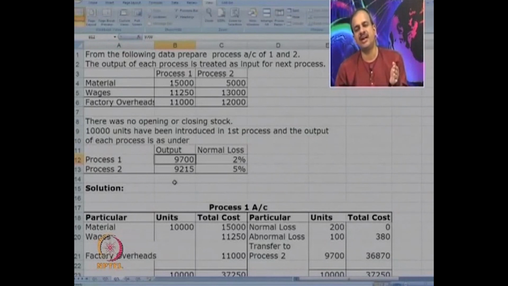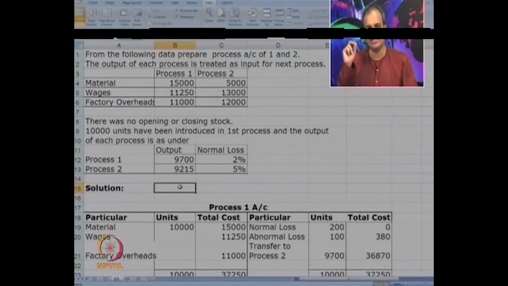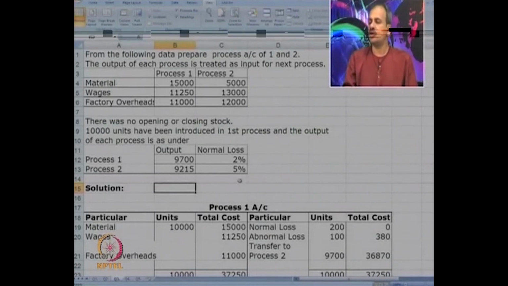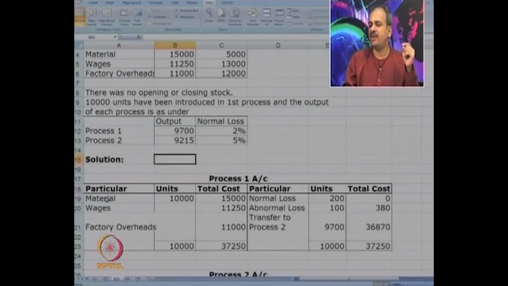From 9,700 in process 1, we got output of only 9,215 in process 2. This is happening because of normal and abnormal losses. Now let us see how they are dealt with. So when you make process account for process 1, as you can see here, we have charged the material cost and taken number of units as 10,000.